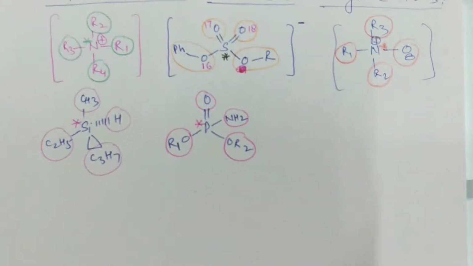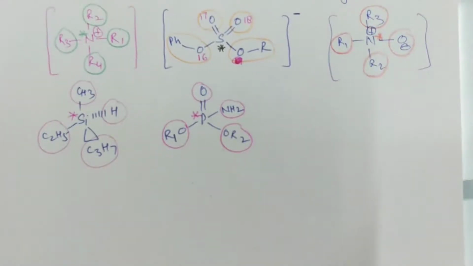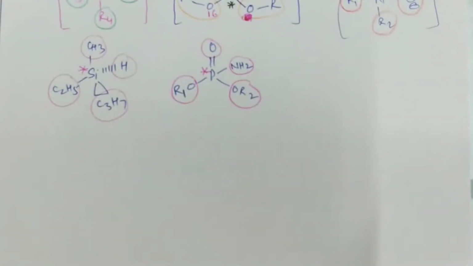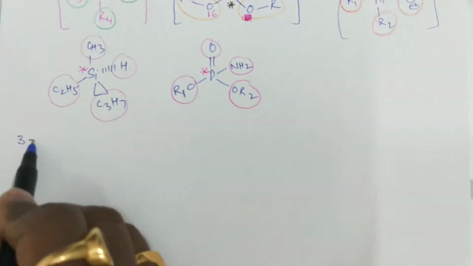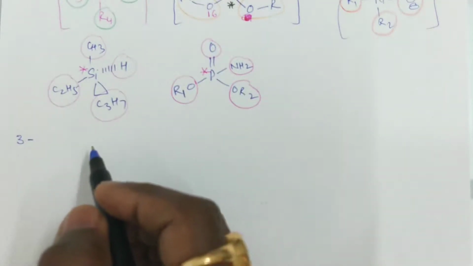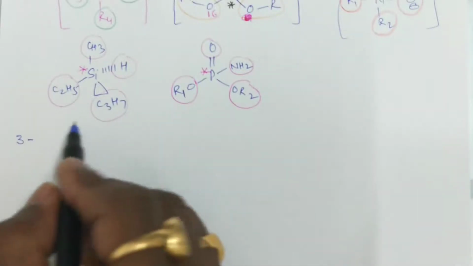Now the third category is compounds with a tervalent stereogenic atom.